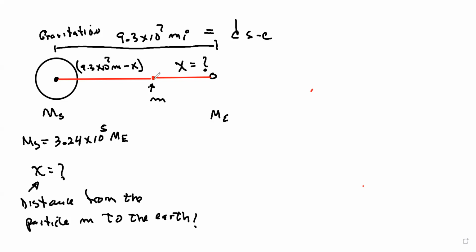We want to know how far from the Earth the body must be so that the sun's gravitational pull balances the Earth's gravitational pull. That means this force, the force of gravity by the sun, needs to have the same magnitude as this one over here, the force of gravity by the Earth. These two forces act on the particle that has mass little m.